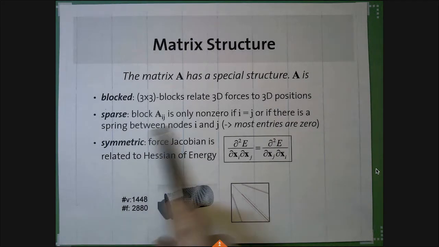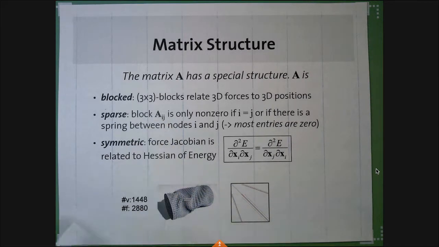Because what are the blocks? We talked about this, right? How to compute the Hessian of the potential of a mass spring system. And there were these blocks.